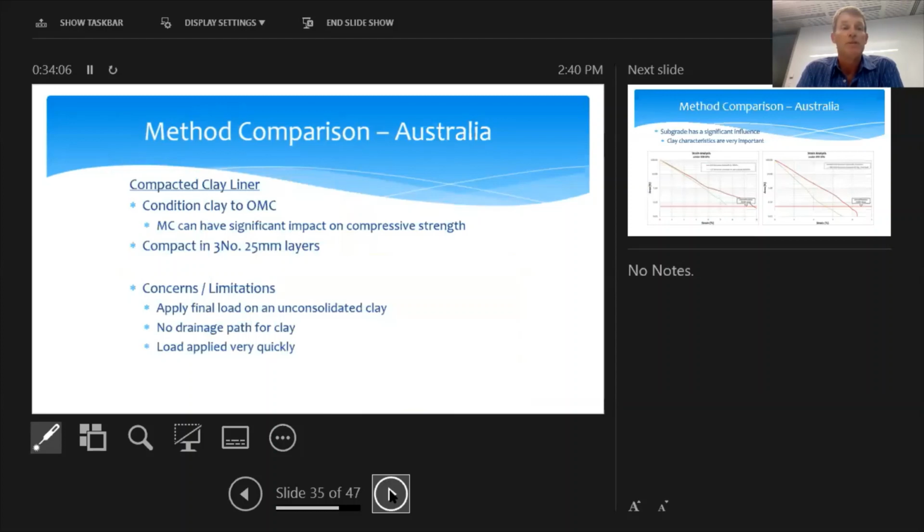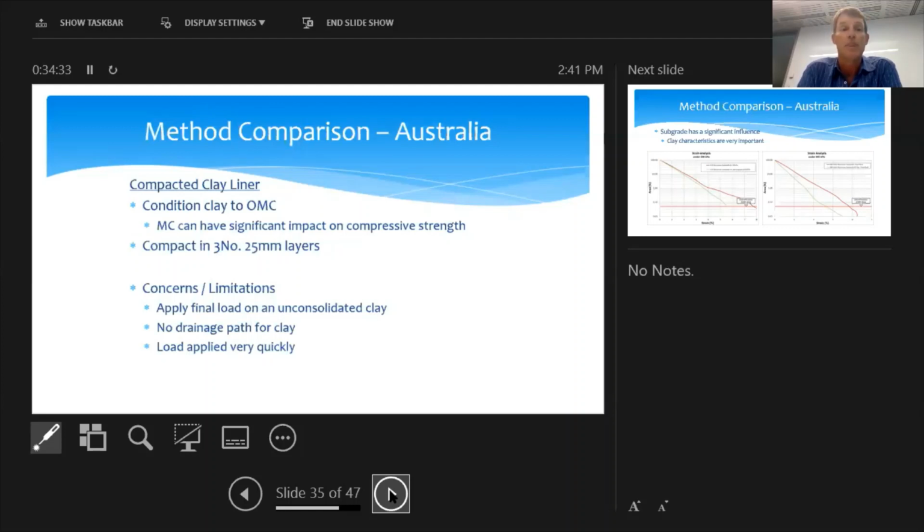We've been doing a fair bit of testing with compacted clay liners of late. And the important thing with this is the moisture content, particularly with sensitive clays, high swell clays. 1% variation in moisture content can have a significant effect on the compressibility or the deformation of that clay.